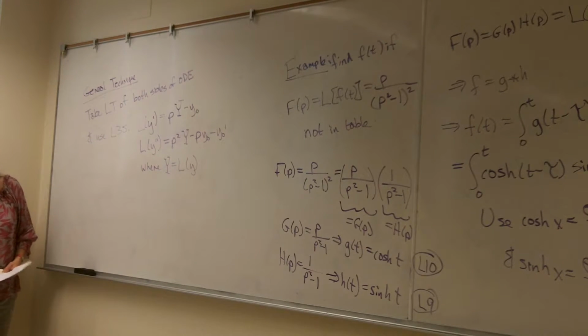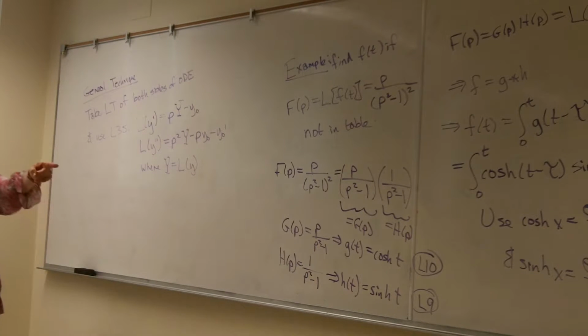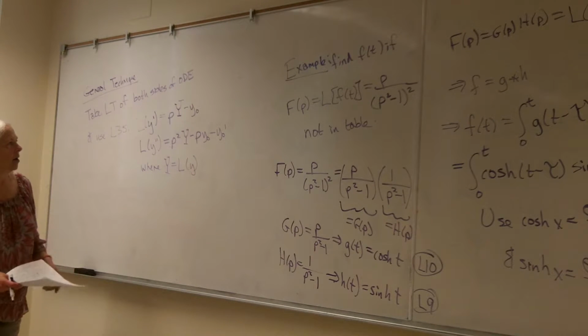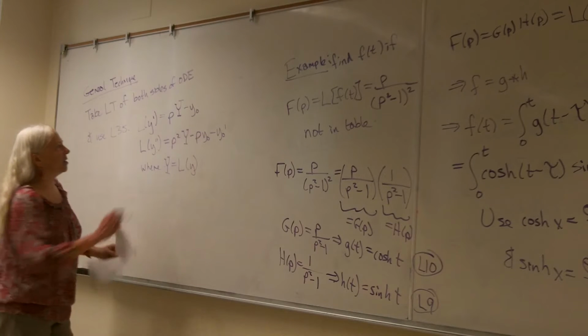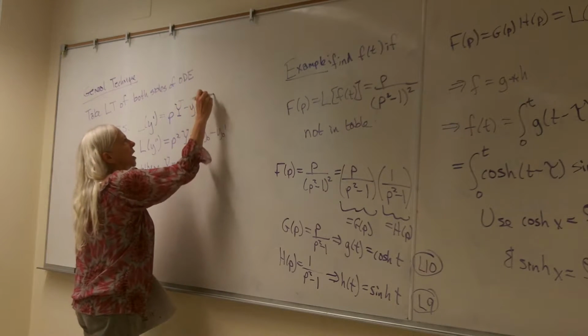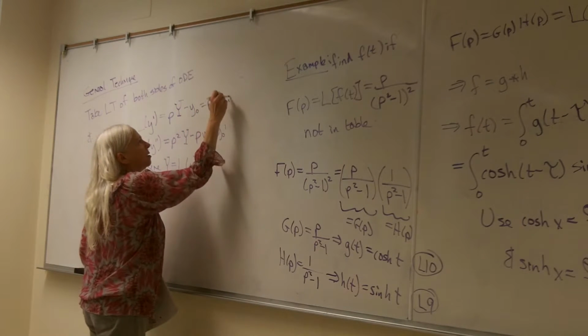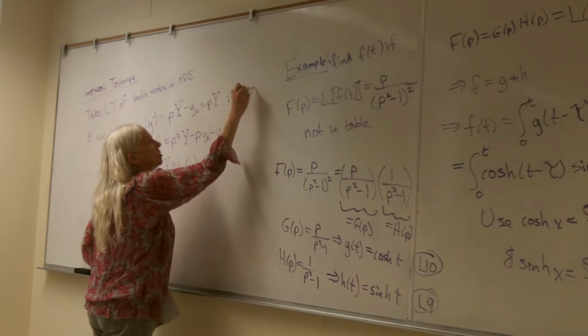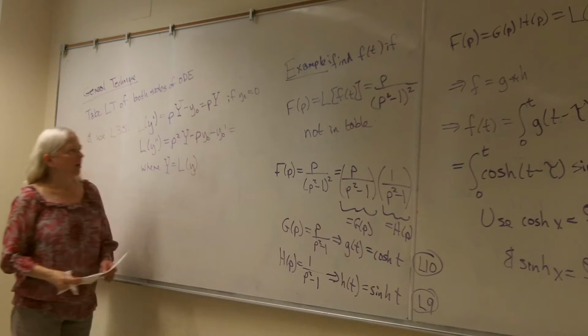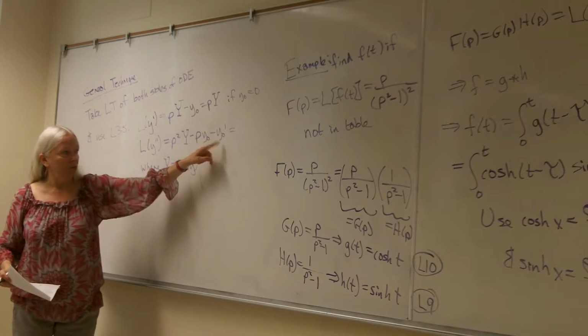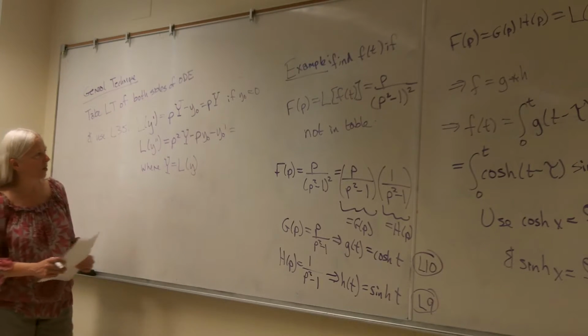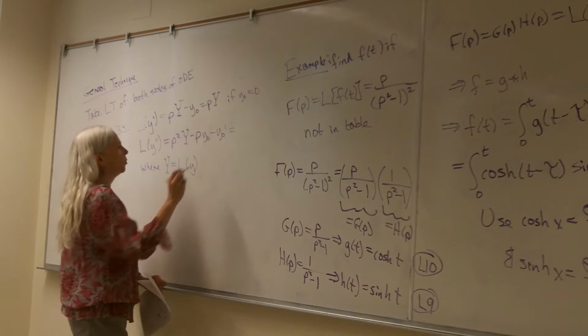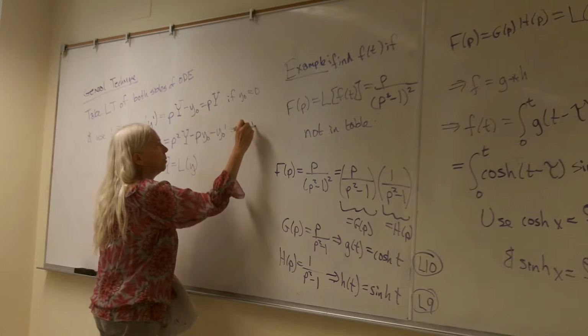Okay? Now, if we really have the boundary conditions I specified over there, y naught is 0, so this will just become p times capital Y. And y naught and y naught prime are both 0 with those boundary conditions. So the Laplace transform of y double prime would just be p squared times capital Y.